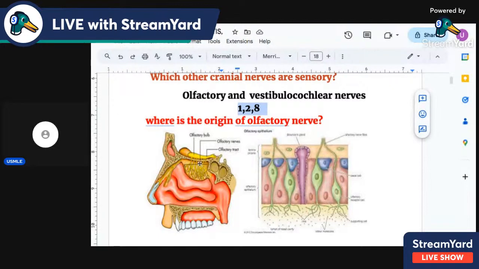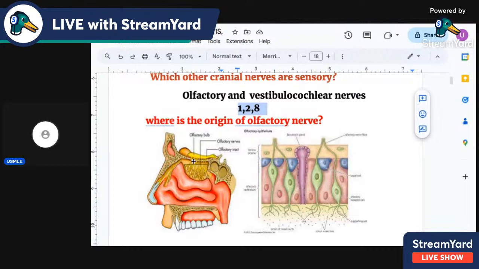Its nerve fibers pass through these small holes in the cribriform plate, of which bone? The cribriform plate of the ethmoid bone.